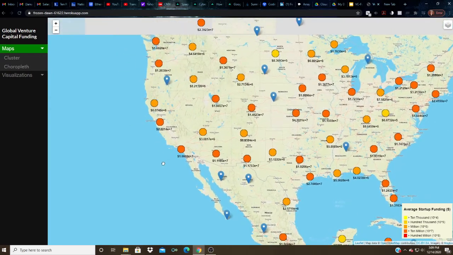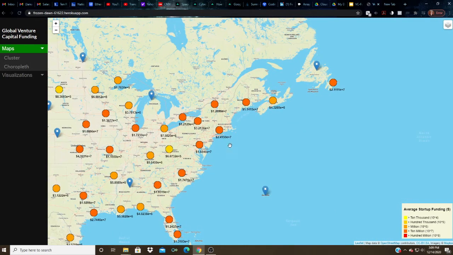So again, if you look at California, for example, it shows 2.2, so 22 million is what the average startup would be worth, what the average funding would be for Northern California, and then about 16, 17 million for the Southern California area. If you want to look at New York, you can see about 24 million for this area.